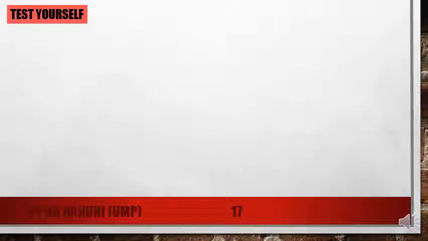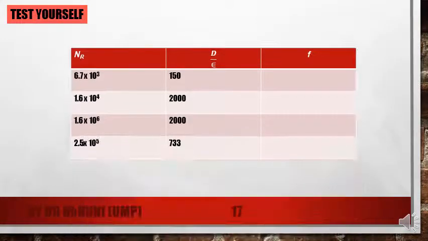Since the Moody chart is very important, you're going to use it later on in part 2 as well. So you need to be an expert at using the Moody chart. Test yourself whether you are able to determine F based on the Reynolds number and the relative roughness.